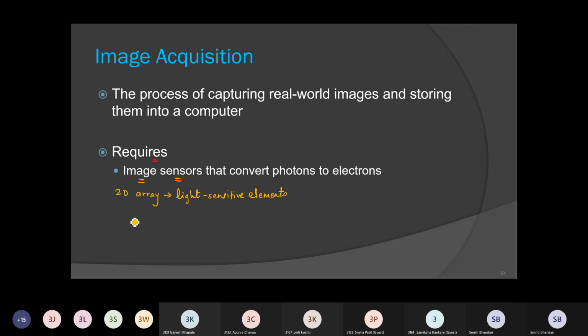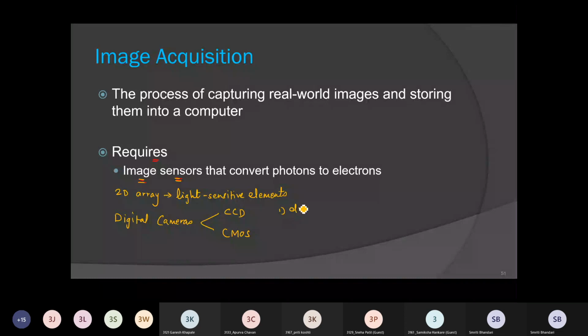Most of the times to acquire digital images, we use digital cameras, right? These digital cameras use either CCD or CMOS image sensors, right?